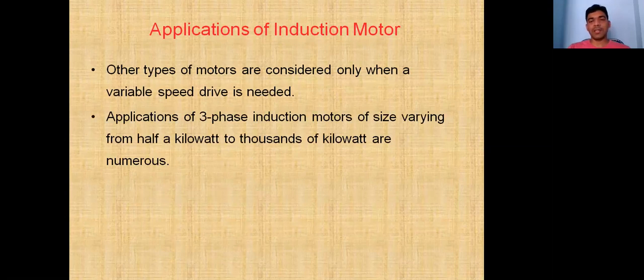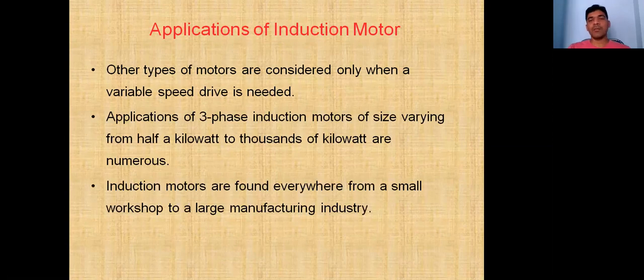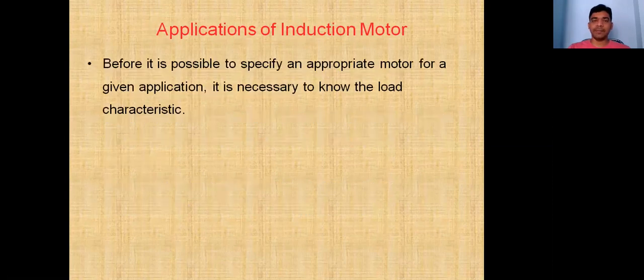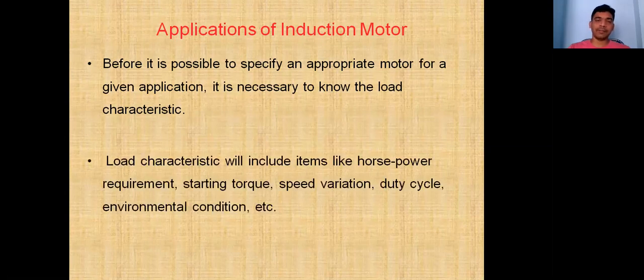Applications of three-phase induction motors, of sizes varying from half a kilowatt to thousands of kilowatts, are numerous. Induction motors are found everywhere, from small workshops to large manufacturing industries. Therefore, to specify an appropriate motor for a given application, it is necessary to know the load characteristics.